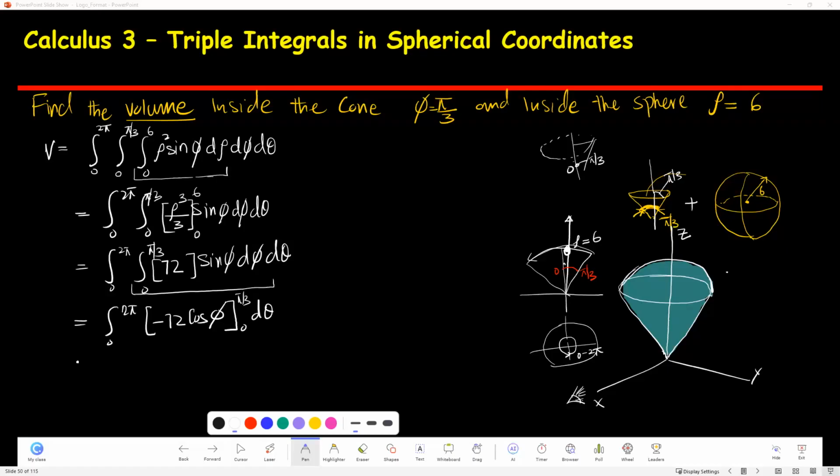Okay, let's substitute the limit and see what's going to happen. I'm going to substitute the limit: minus 72 times, cos pi by 3 is half, minus cos 0 is 1, close parenthesis, d theta.